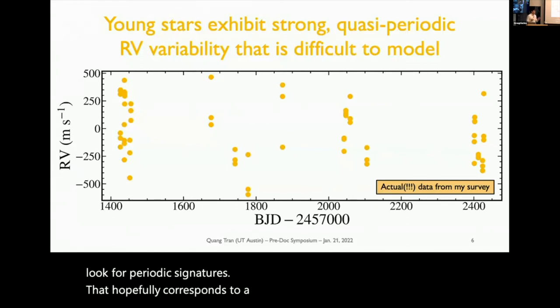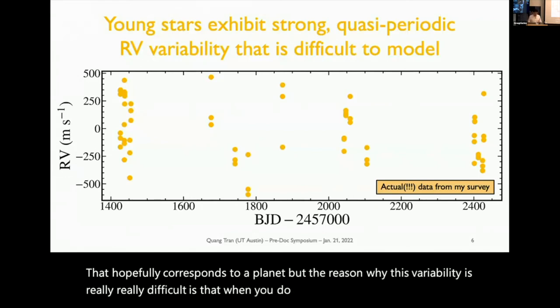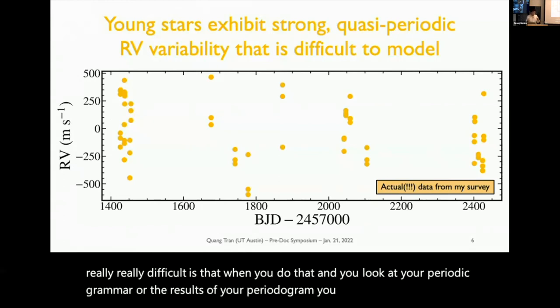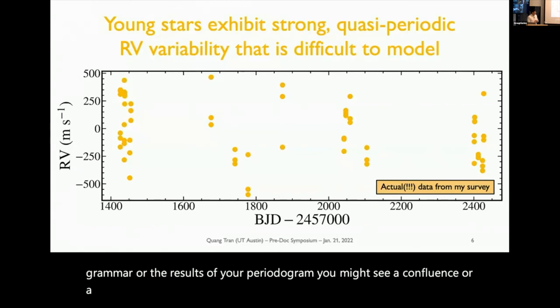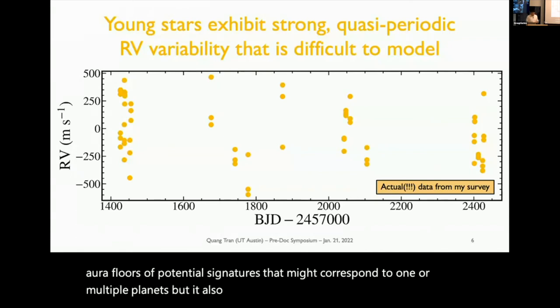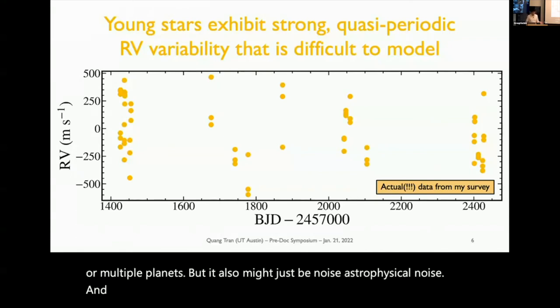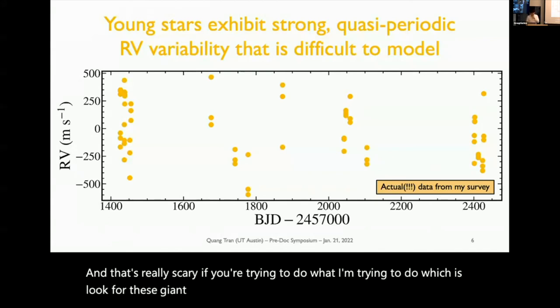But the reason this variability is really difficult is that when you look at the results of your periodogram, you might see a plethora of potential signatures that might correspond to one or multiple planets, but it also might just be astrophysical noise. And that's really scary if you're trying to do what I'm trying to do, which is look for these giant planets around young stars.